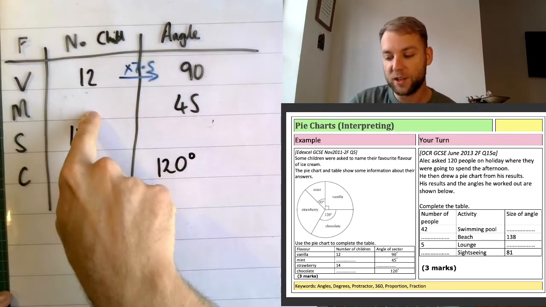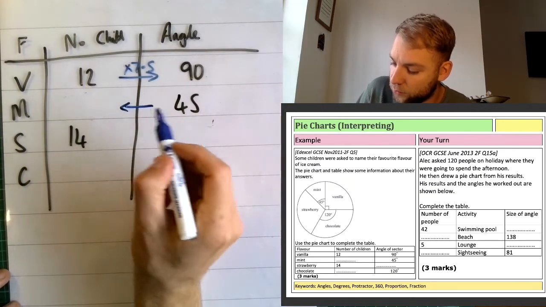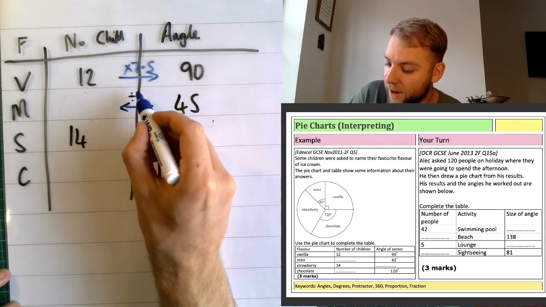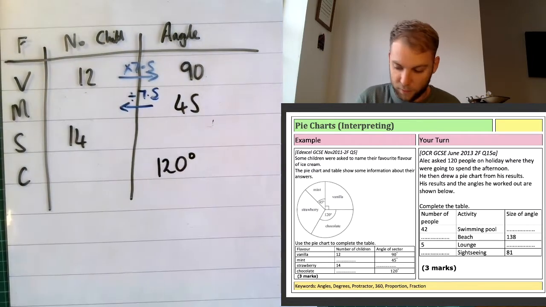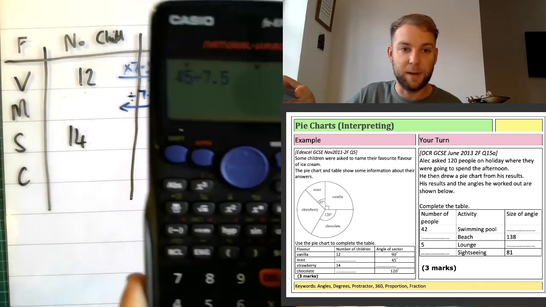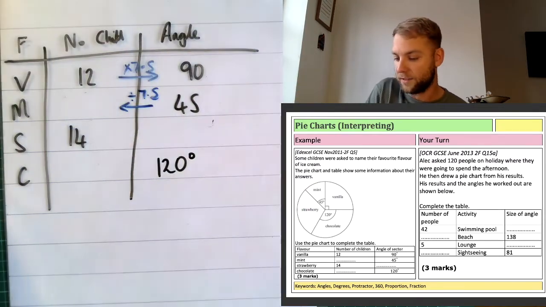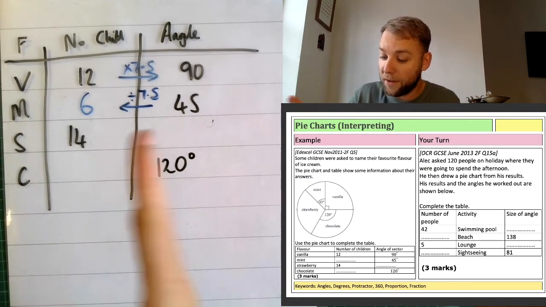So we already know that this one's 6, but I can prove that if I'm going from right to left, I'm going to be dividing by 7.5. So 45 divided by 7.5 in this case is 6, which makes sense because we know that it's half, don't we? So this one here is 6. Then how would I work out the angle?